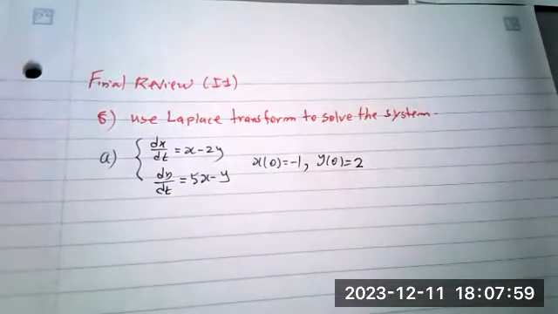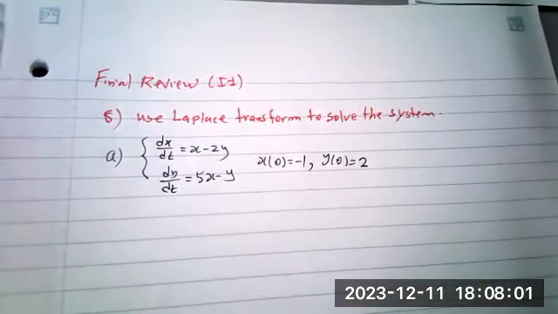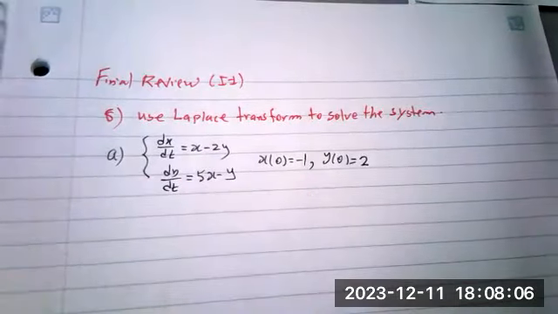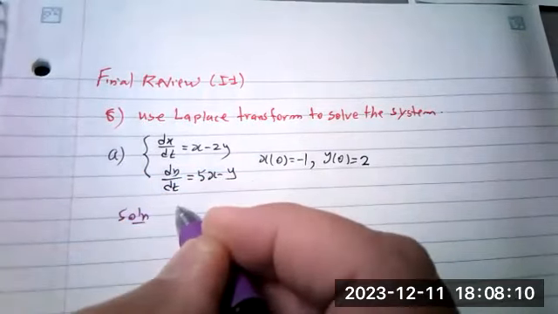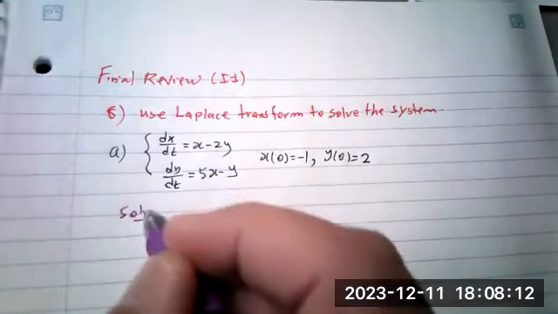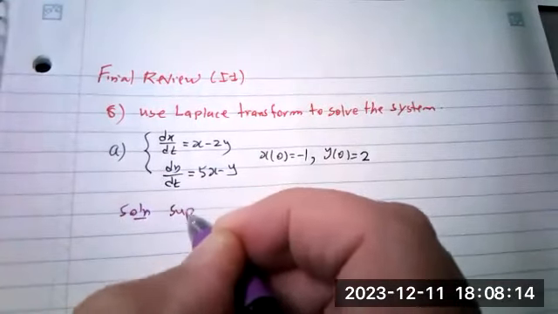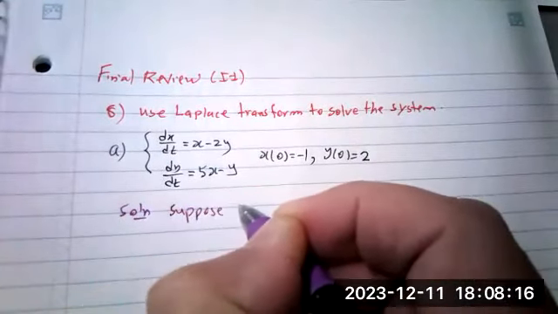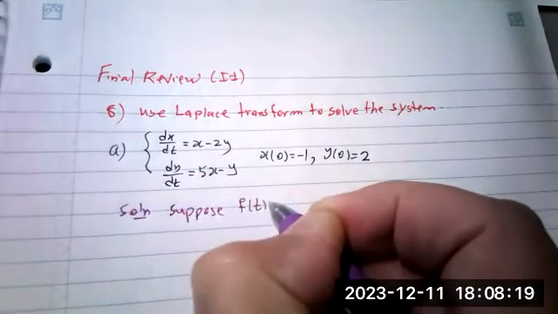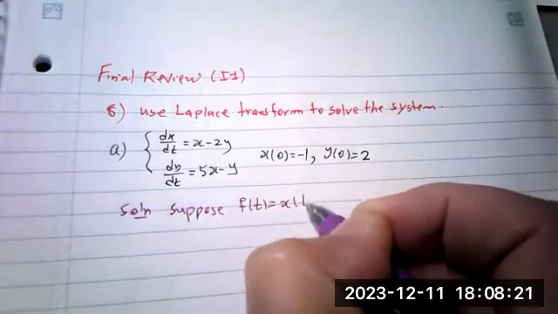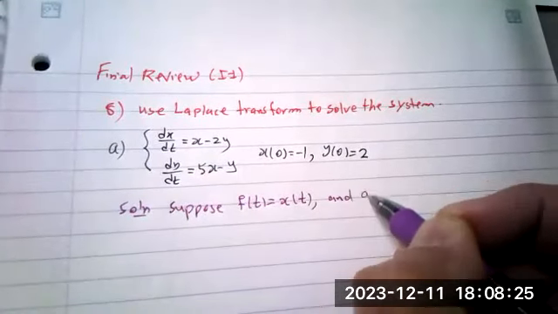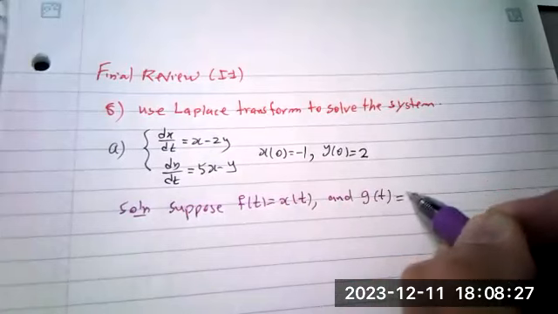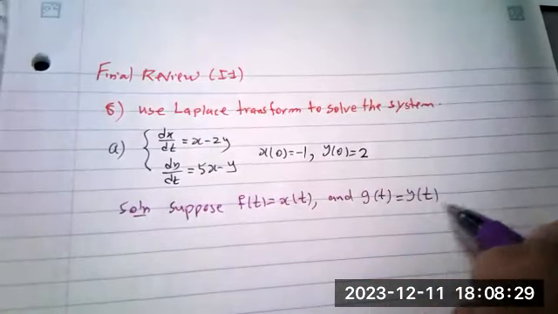You take the Laplace transform on both sides, change it to an algebraic system, and then we go for it. So this is the solution. Suppose f of t is x of t, and I'm going to use g of t for y of t, unless you want to use any other notation.